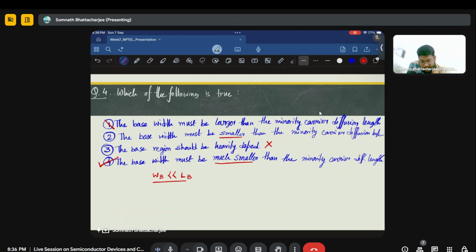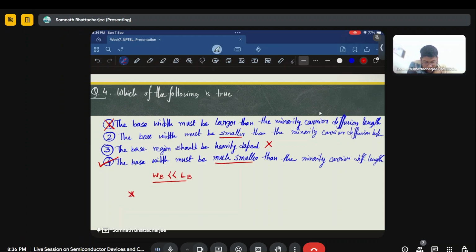So this one is wrong, obviously, and this is also right. Sir, otherwise there will be recombination. If the width of the base region is less, the maximum charge carriers are easily transferred from emitter to collector. Yes. That's why the equation IE is equal to IC plus IB.